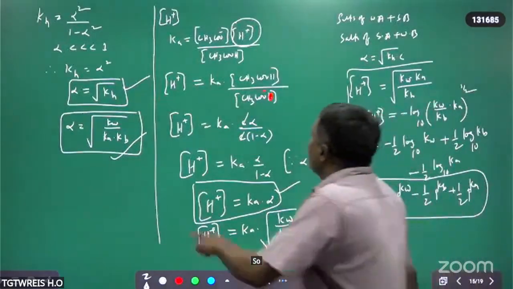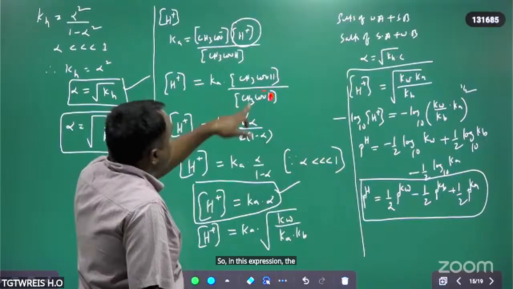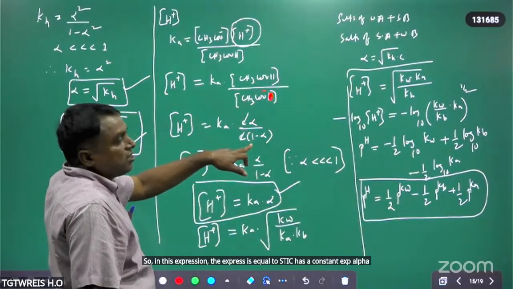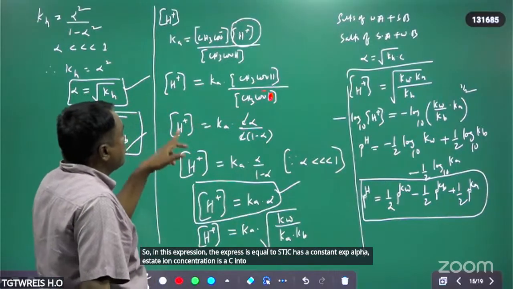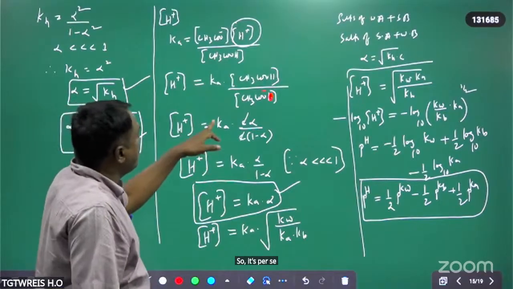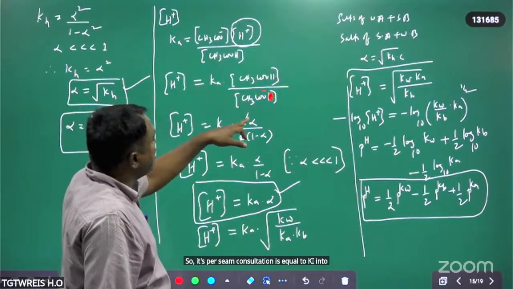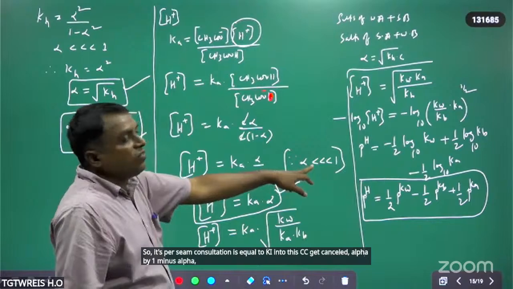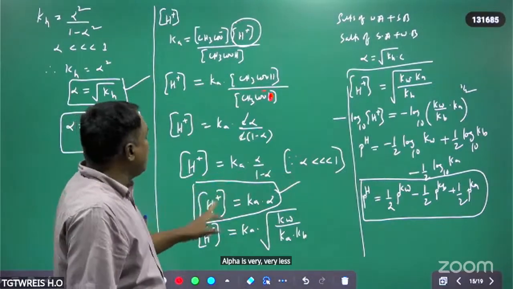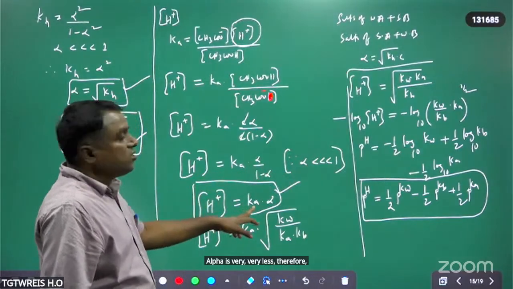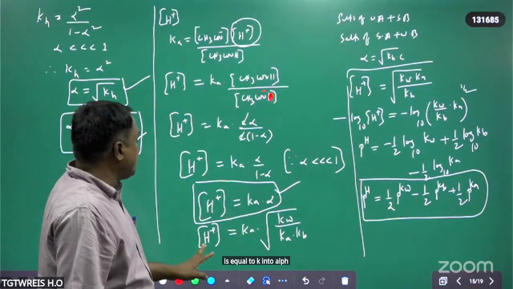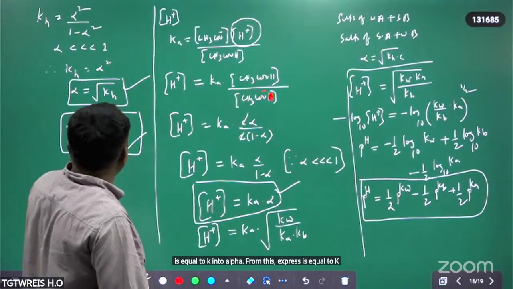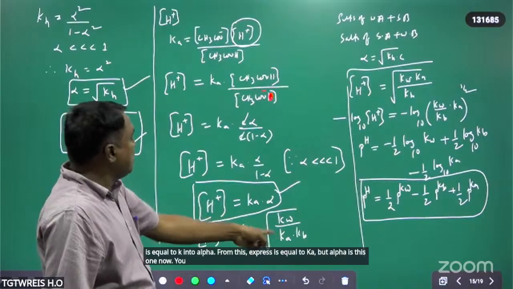In this expression, H plus is equal to Ka, with acetic acid concentration C alpha and acetate anion concentration C into 1 minus alpha. So H plus ion concentration is equal to Ka into alpha by 1 minus alpha, as C gets cancelled. Alpha is very small. Therefore, H plus ion concentration is equal to Ka into alpha. Substitute the alpha equation in this expression.